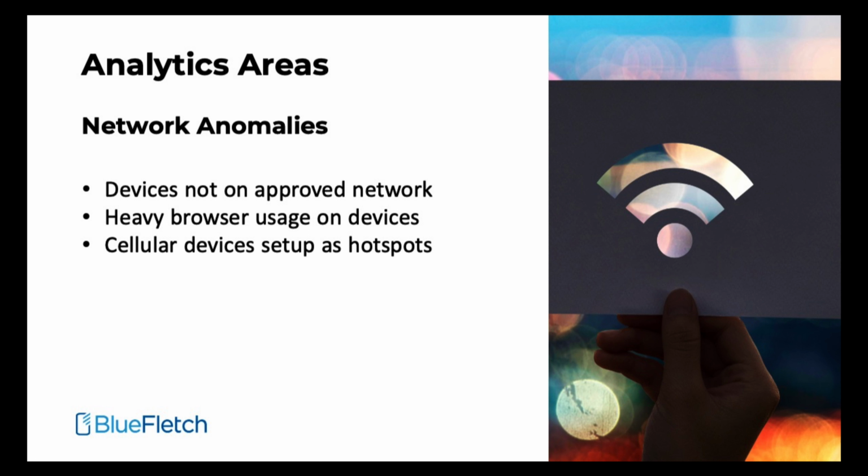The first one is just devices on an unapproved network. That's obviously an issue if you have devices that are connecting to someone's personal home network or a hotspot on their cell phone. Could even be a customer in the store that's walked in and has a hotspot that's faking out your production networks. That's probably the easiest thing to spot.